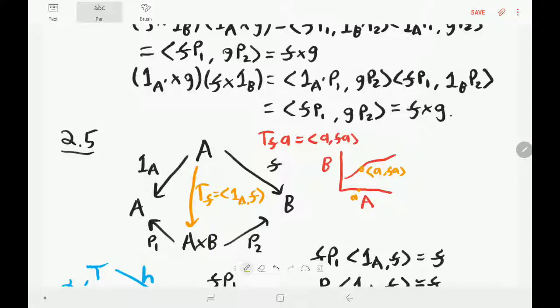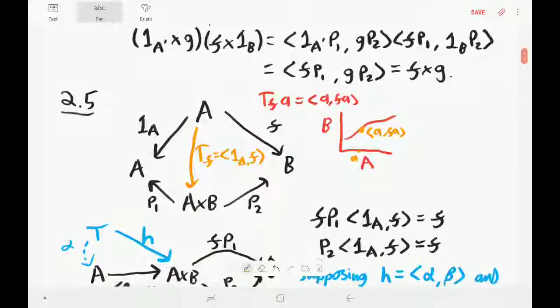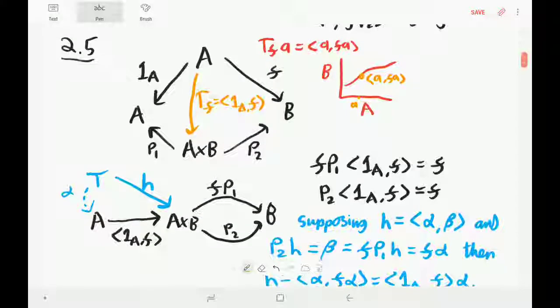So it should correspond to a monomorphism from A to A times B. And in fact, the exercise is to show how we can construct gamma f, or how we can consider gamma f to be an equalizer. And indeed, every equalizer is a monomorphism, a monic. So it all makes sense.